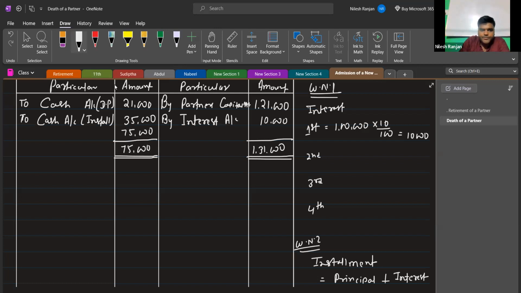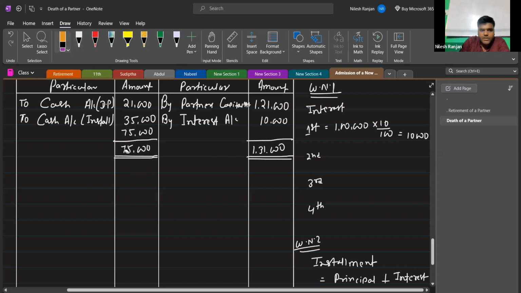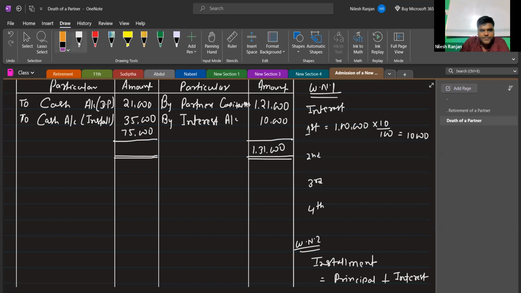Sorry, the amount is 131,000. So the total amount is 131,000 and the 75,000 is balance CD. So it will become the opening balance in next year. So by balance BD 75,000.